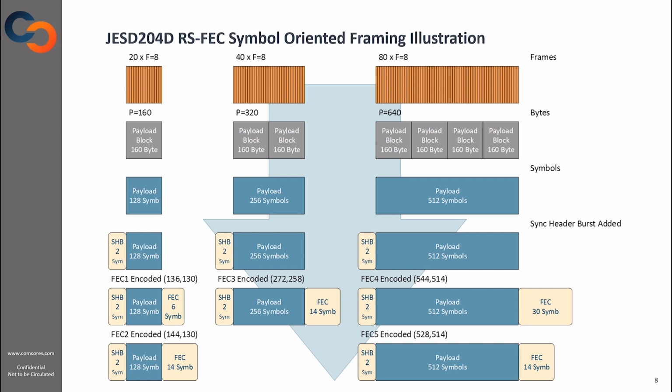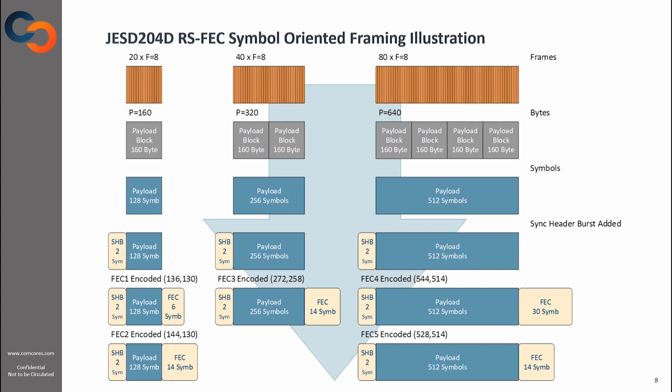This graphic should demonstrate how these FEC code words are put together in all 5 different FEC modes. For this demonstration, let's assume our frames consist of 8 octets, but they really don't have to. It just makes this image cleaner. But the important part here is that we take frame data and group it into payload blocks of 160 bytes. You can see these gray blocks here.